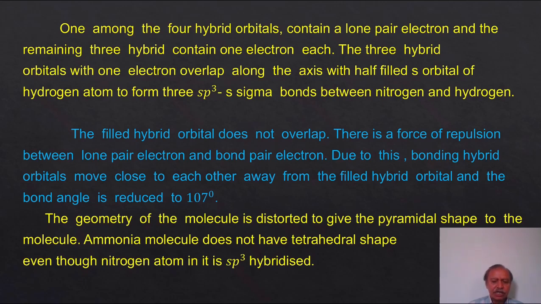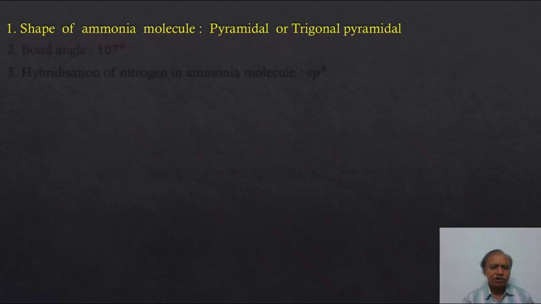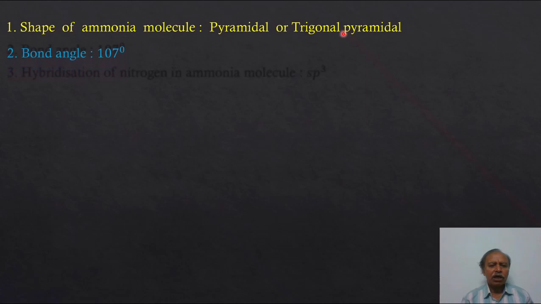Now you can see the orbital picture of the ammonia molecule. Okay, and also the bond angle and shape of the molecule. So shape of the ammonia molecule is pyramidal or trigonal pyramidal. Okay, pyramidal is also known as trigonal pyramidal, and the bond angle in ammonia is 107 degrees.